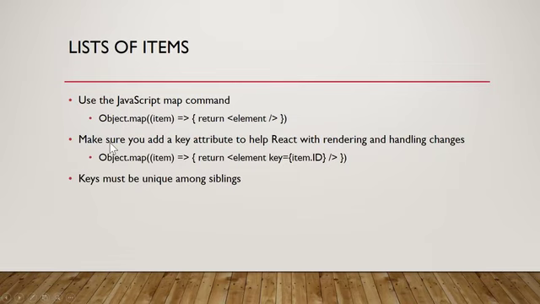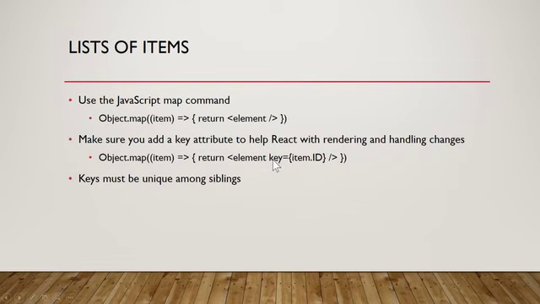Now, one of the things is that when you do that, if you do not put a key attribute on your markup, React will put an error in the console and complain. It says, hey, I need this in order to be able to better render your markup. In case something changes, I know I can tie things up instead of just, okay, some things may have changed order and just have to re-render everything.